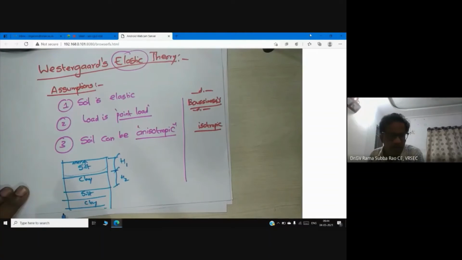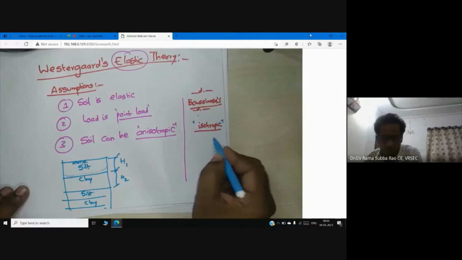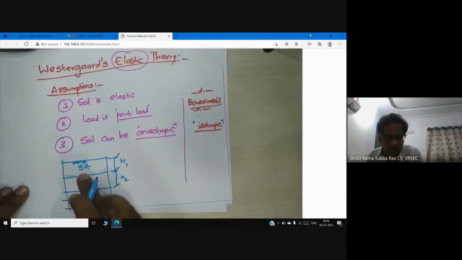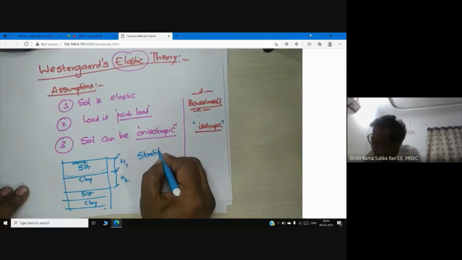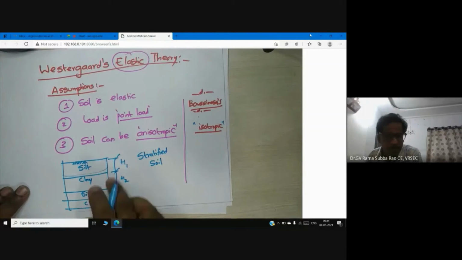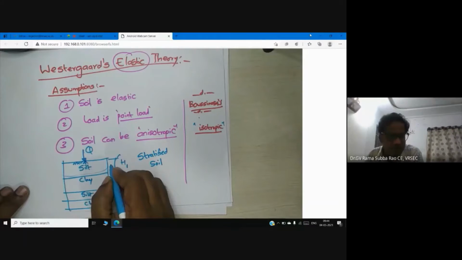But we had a major constraint with Boussinesq's theory. Boussinesq assumed soil is isotropic. Whereas if you are having a stratified soil, that means if ground consists of stratified soil, you can use Westergaard theory.